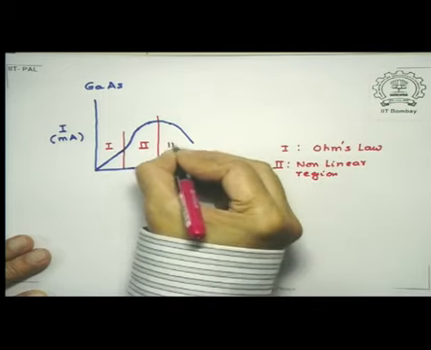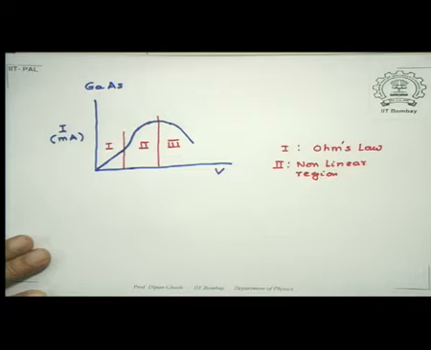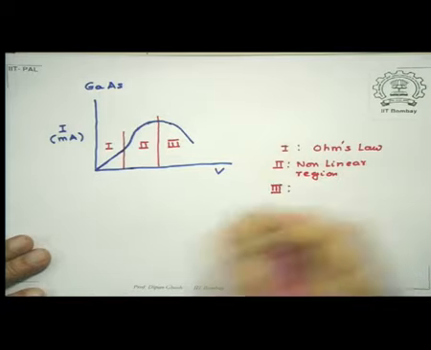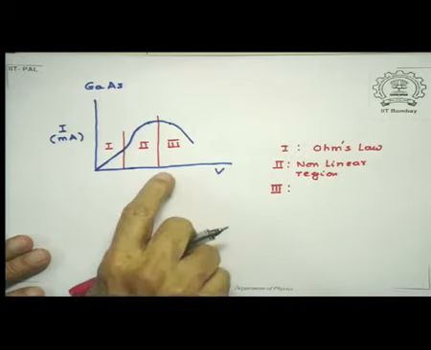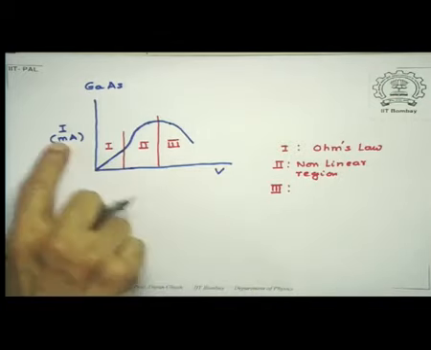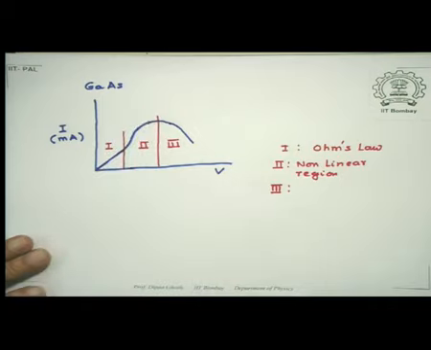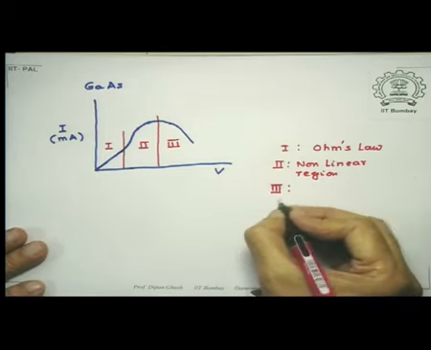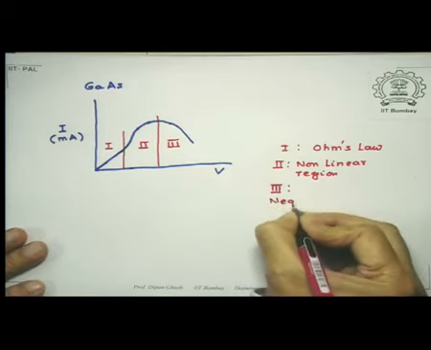And the last region is a region where something interesting is happening: as voltage increases, current, instead of increasing as is normally the case, starts decreasing. So in other words, this is actually a region which is showing negative resistance.